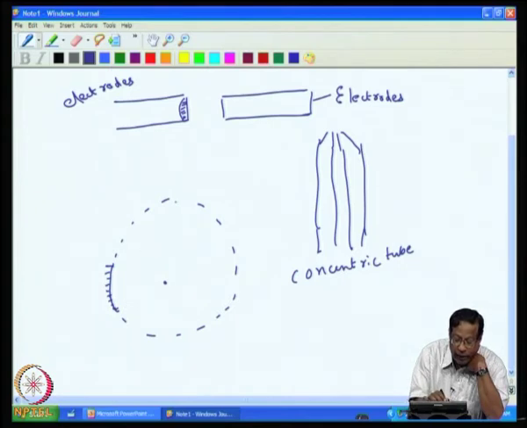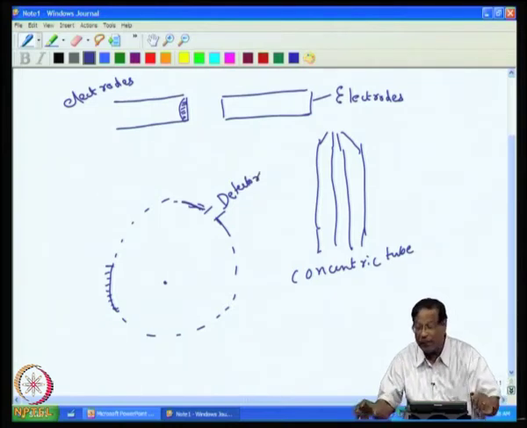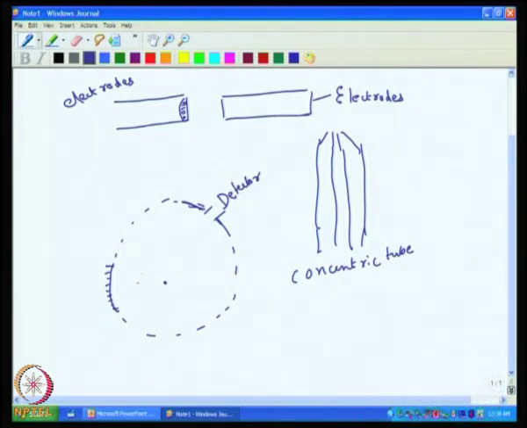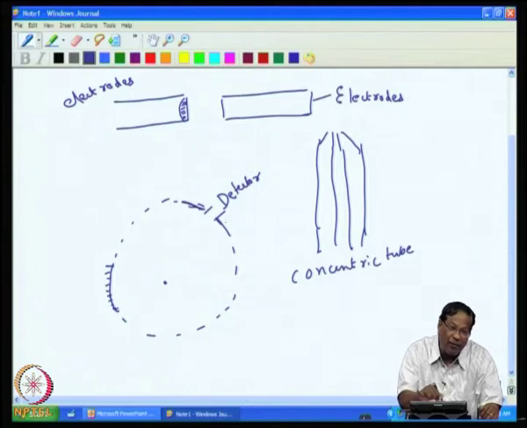So, I need to put my mirrors and everything on this imaginary circle, position them, and if I need to measure particular wavelengths, then I need to have an opening like this, so that I can put a detector here. So, this circle tells me that the focal length of the concave grating must be fixed, and the detector should be again on the periphery of the imaginary circle.